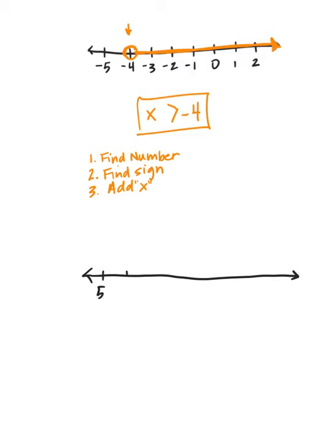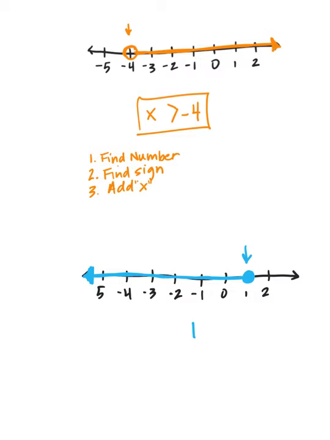Let's see, 5, 4, 3. Okay, so now my circle is at 1 and it's closed and it's going this way. So that's the line. Now you're going to write the equation. So the first thing I'm going to look at is my number, and my number is going to go here.